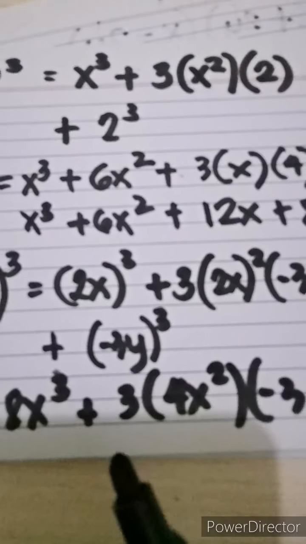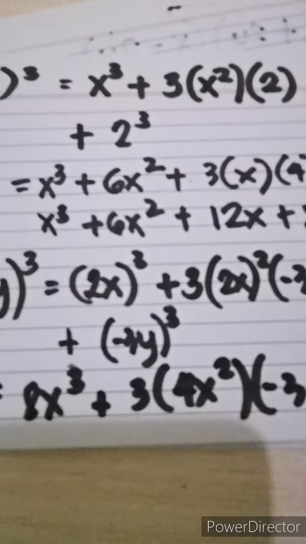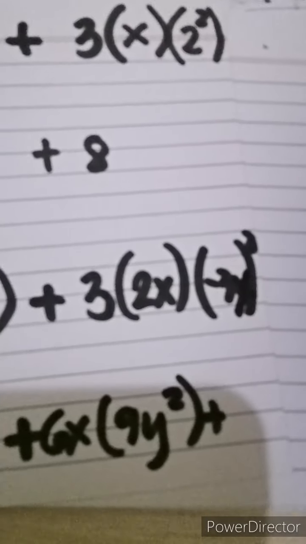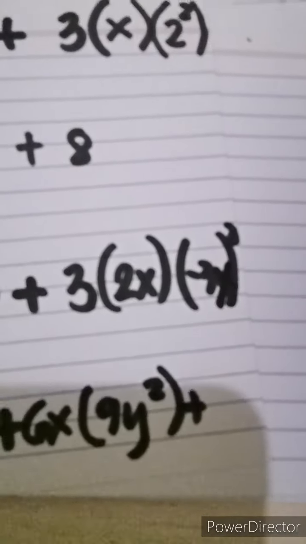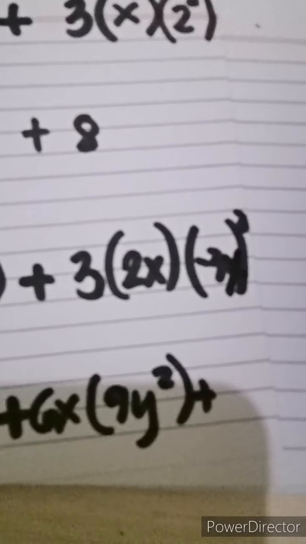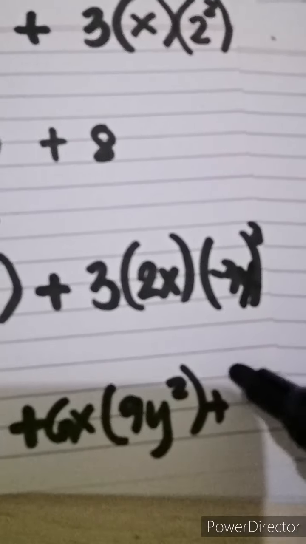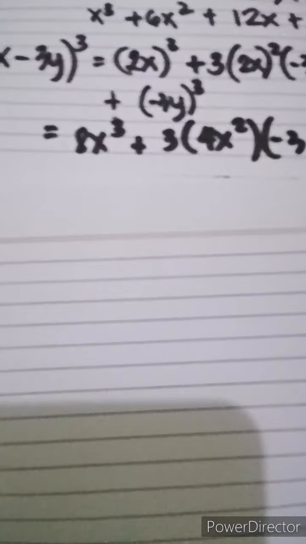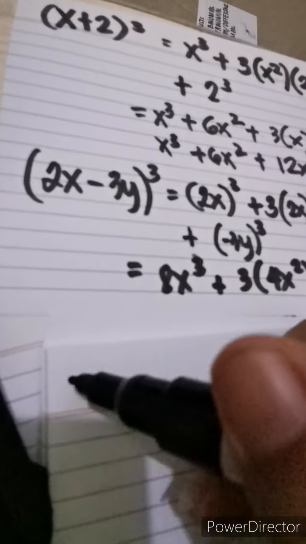And then, again, negative 3y times negative 3y times negative 3y is negative 3 times negative 3 is positive 9. Positive 9 times negative 3 is negative 27. So, therefore, our last term is negative 27y cube.